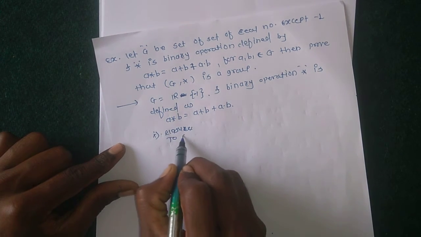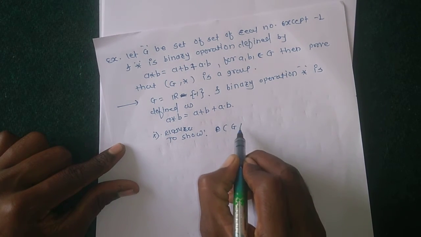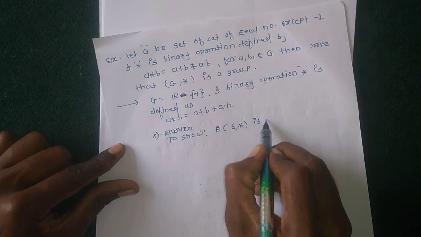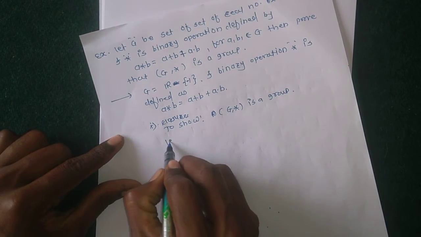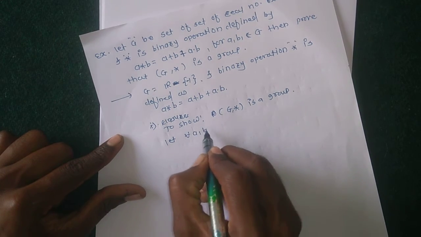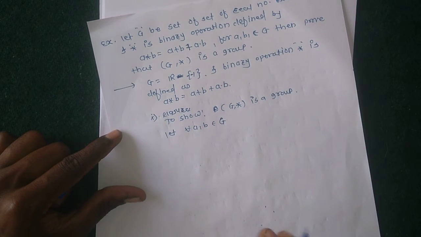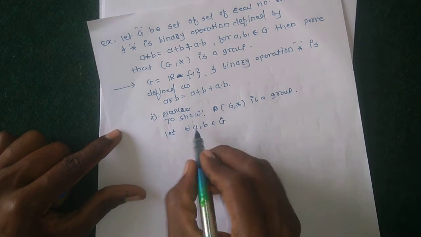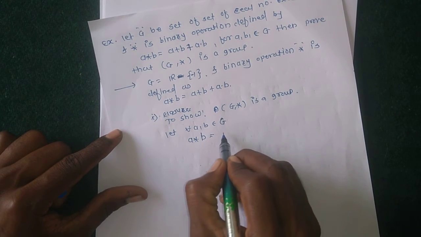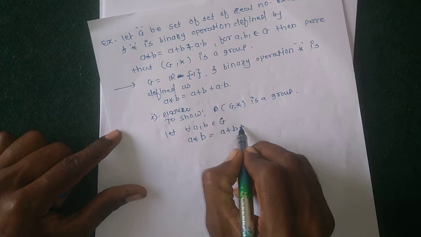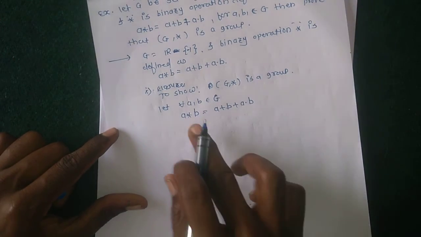Firstly, to show G with respect to star is a group, let for all A, B belongs to the set of real numbers except -1, then A star B equal to A plus B plus A into B.